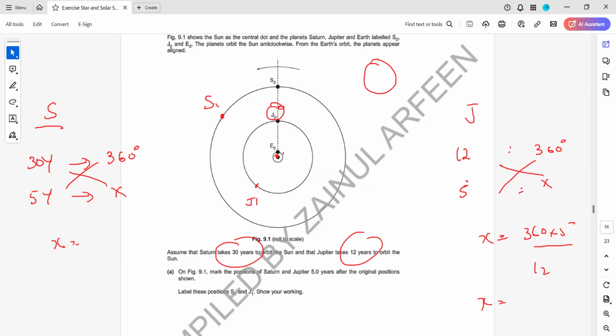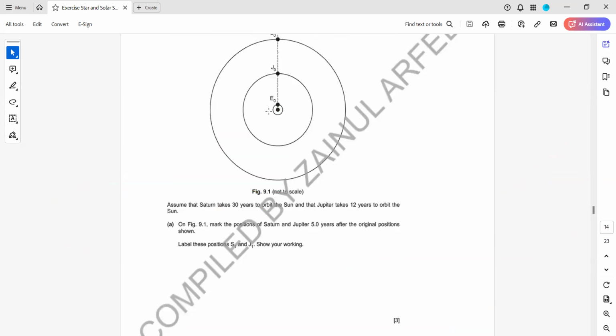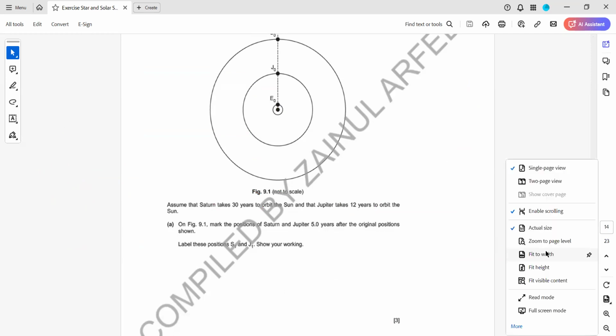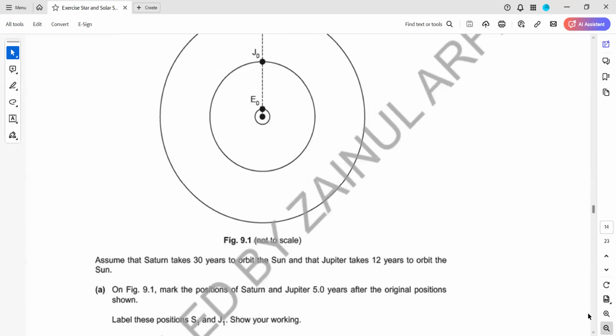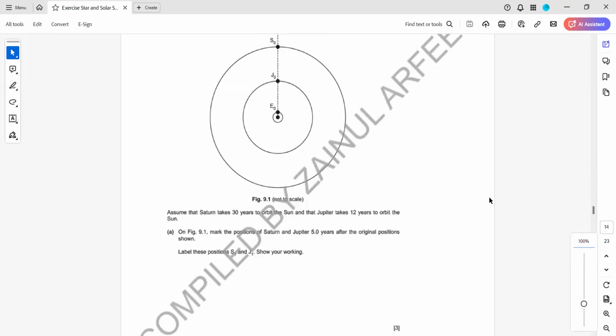How do we work out the position? Can you explain? Yeah, sure. See, Saturn takes 30 years to completely orbit the sun. So in 30 years, how many degrees will it cover?